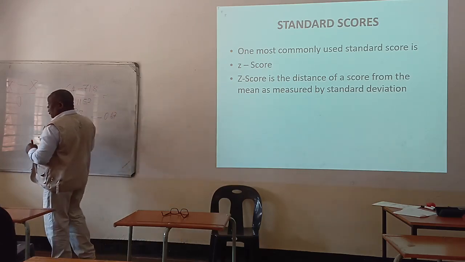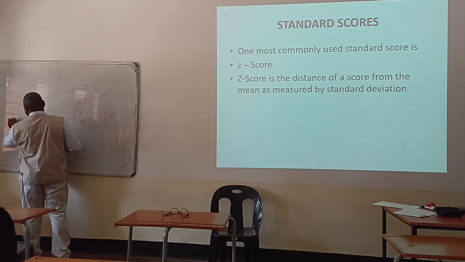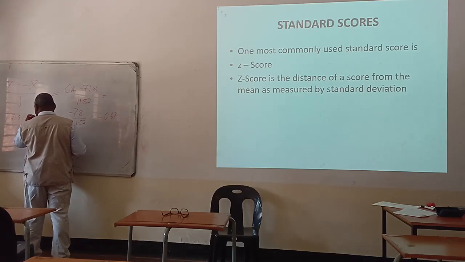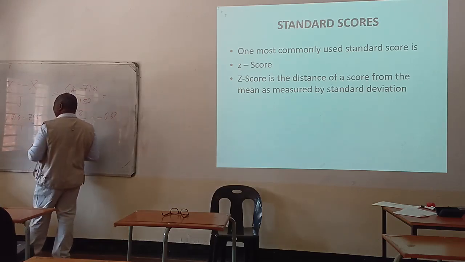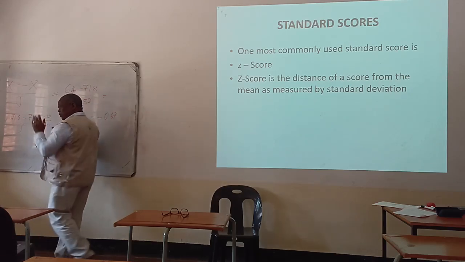Why is it always 0? Since the mean is 71.8, the mean minus the mean is 0, divided by the standard deviation of 11 point whatever it is.